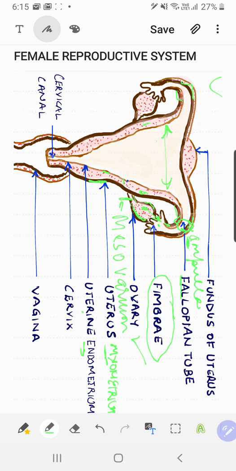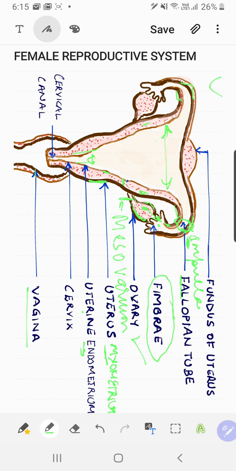So there is a thickening in the muscles here, and then this uterine cavity goes slightly narrower. If you see now, this has become narrow, and you will call it the cervix. The narrow tubular tract of the uterus at the lower side is known as the cervix, right? This cervix opens into a wider cavity, the vagina.